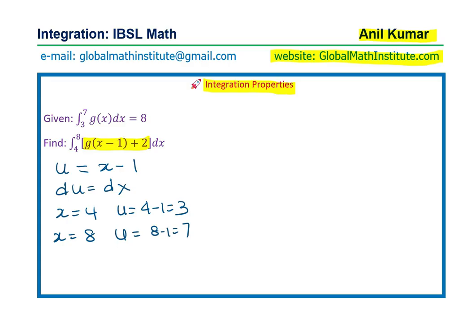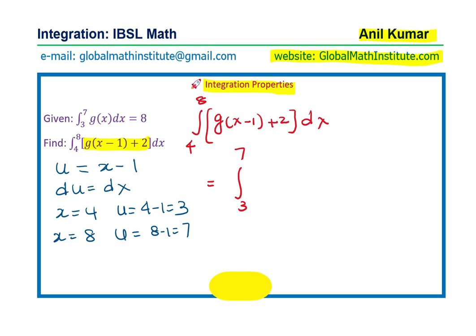So that means we could actually rewrite the same integral, which is the integral from 4 to 8 of g of x minus 1 plus 2 dx. We could rewrite this as the integral from 3 to 7, right?